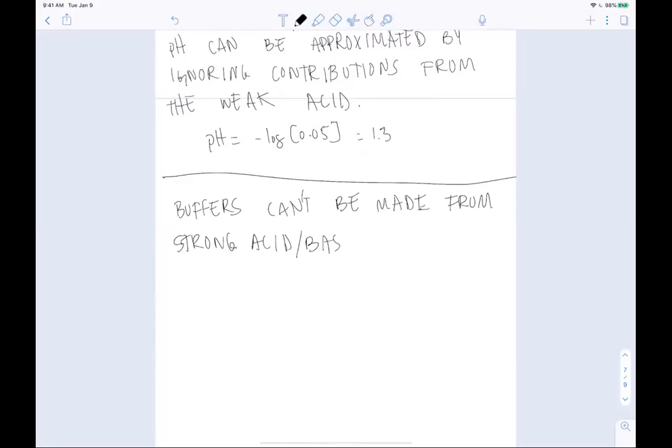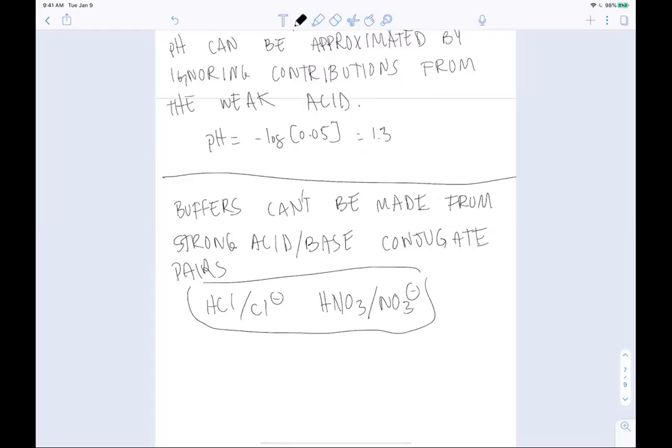Or I should say more precisely, strong acid-base conjugate pairs. So you wouldn't be able to make a buffer from, say, HCl and Cl minus, or HNO3 and NO3 minus. They absolutely have to be weak acid-base pairs.